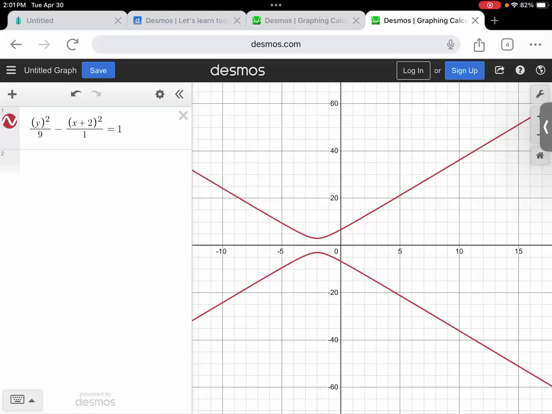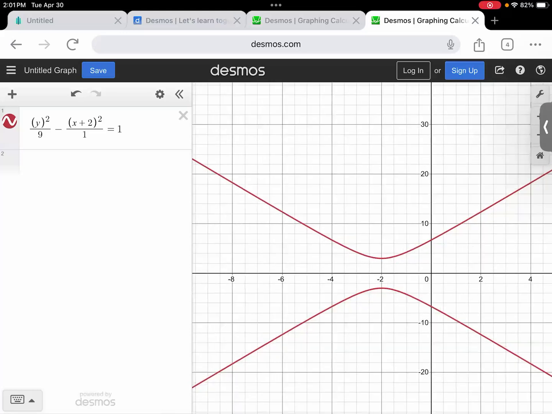All right, and what did we say the center was? -2, 0. That one looks dead on. All right, -2, 0, with some slopes that look pretty wide.